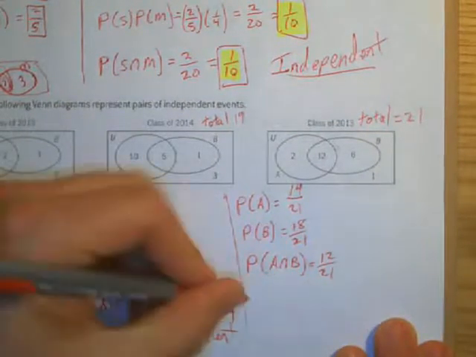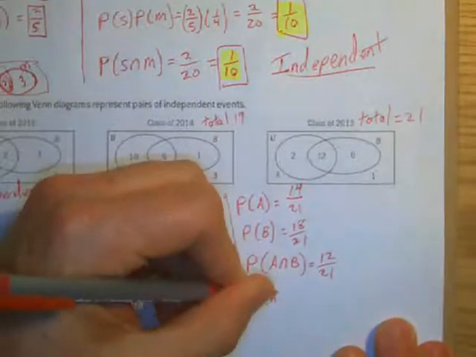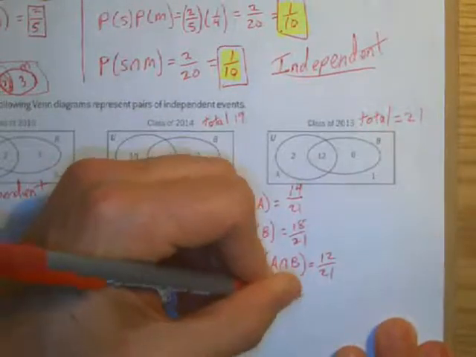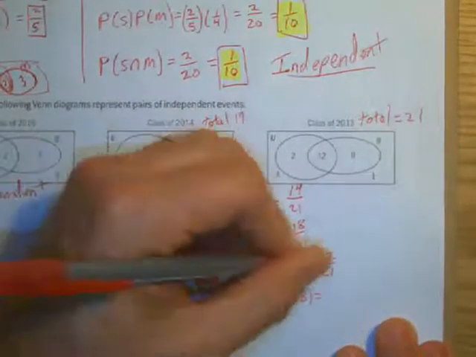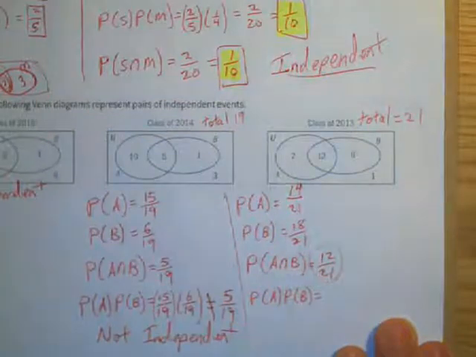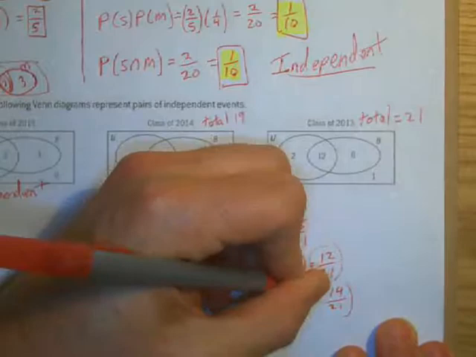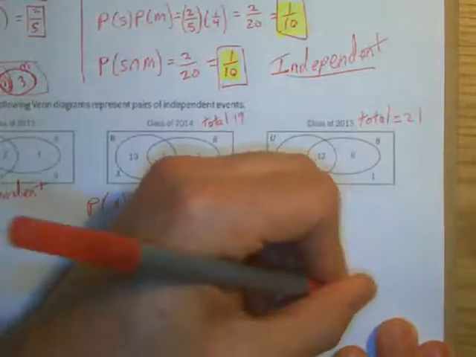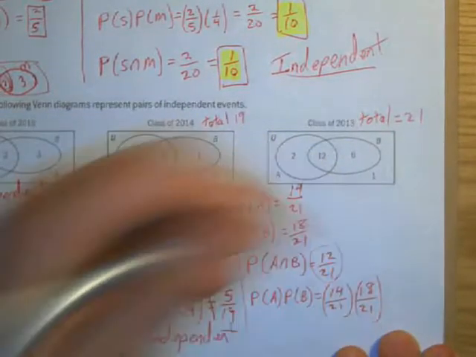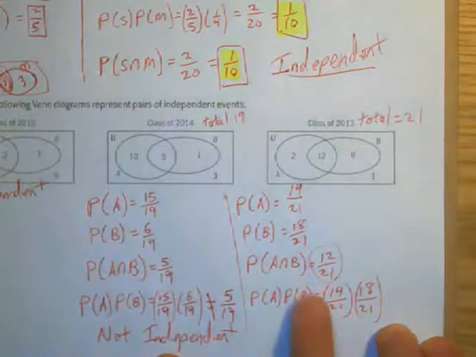Now let's see. Is the probability of A times the probability of B going to be equal to 12 over 21? Well, let's see. 14 over 21 times 18 over 21. Is that going to give me 12 over 21?